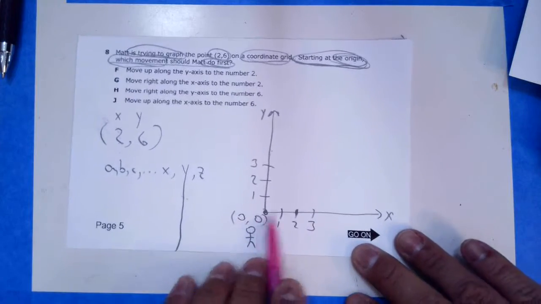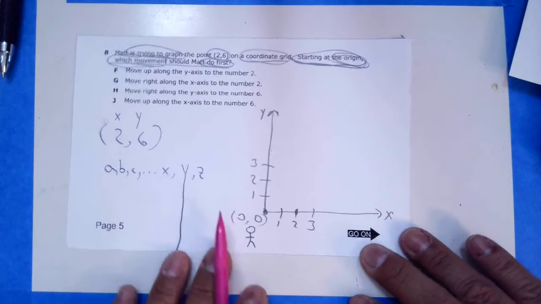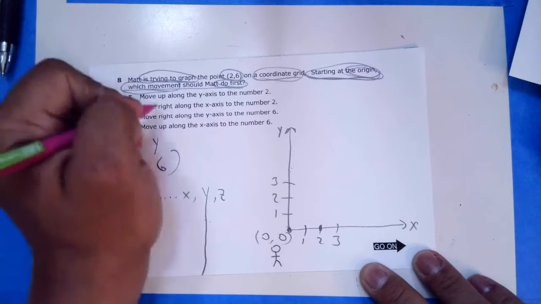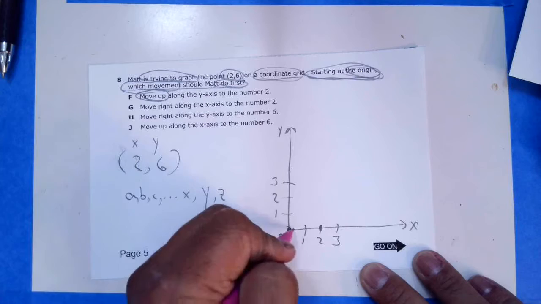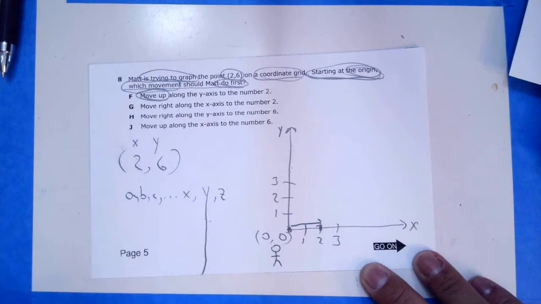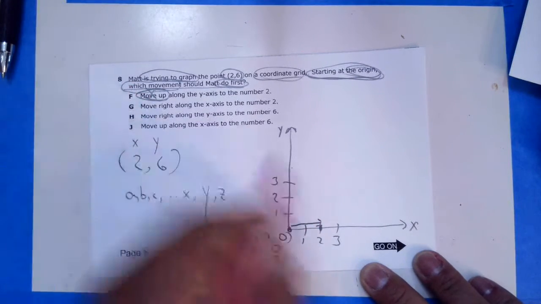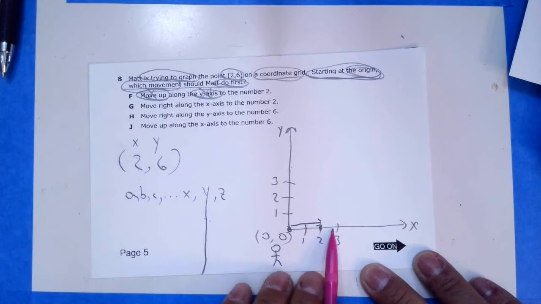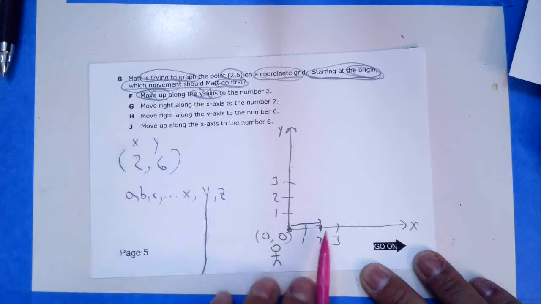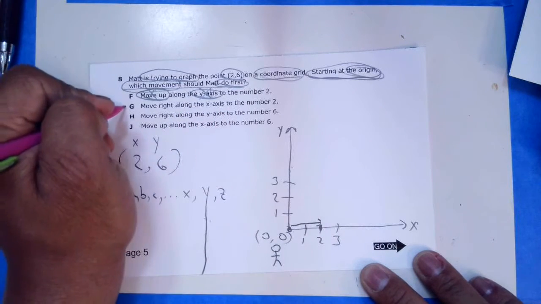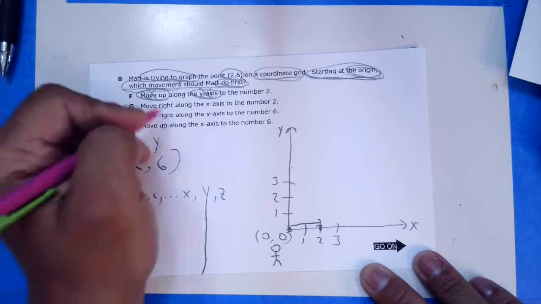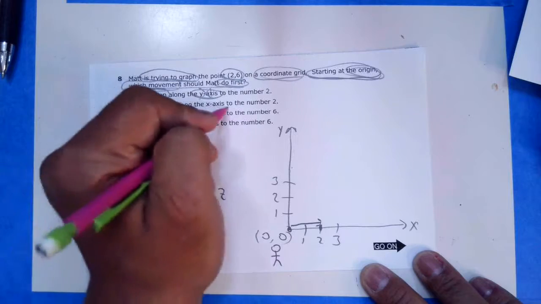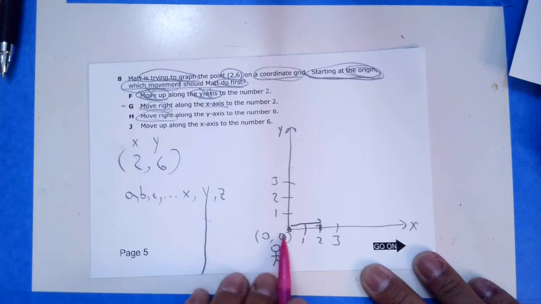So then, 2, and then I'll go up 6. My first point is move up along the y-axis. Wait, move up? We're not moving up. We're moving this way. And it's not even the y-axis. It's the x-axis. Move right. Yes. On the x-axis. To number 2. Move right. Along the y-axis.